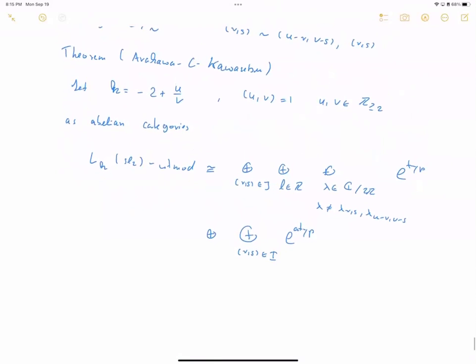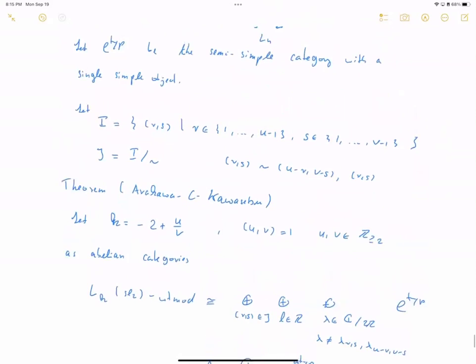Right. So what does this mean? This category of weight modules is huge, right? You see what it's parameterized by, but it's generically semi-simple. Almost every simple object is of the typical type, but then it has this finite number of atypical blocks.